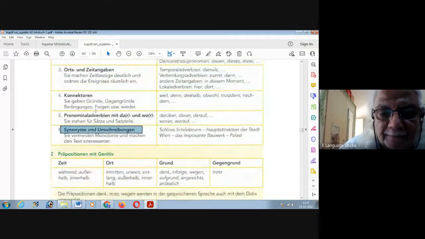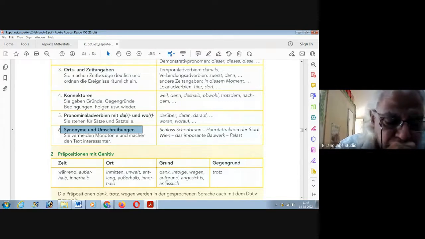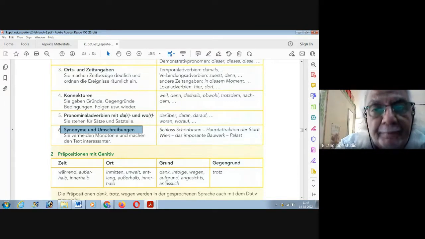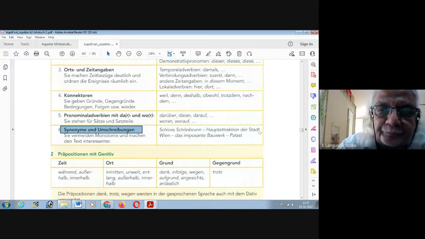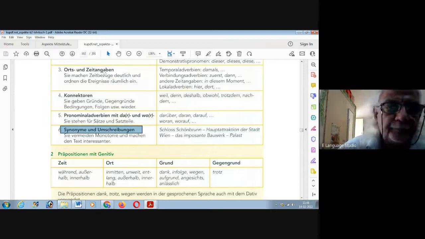Instead, use synonyms. Hauptattraktion der Stadt Wien. It is the chief attraction of the city of Vienna. Oder das imposante Bauwerk. Beeindruckendes. That impressive construction. Oder der Palast. Don't repeat the words. It's very, very bad style.